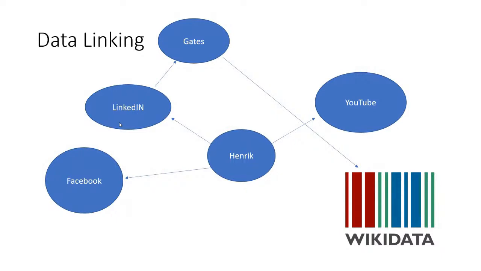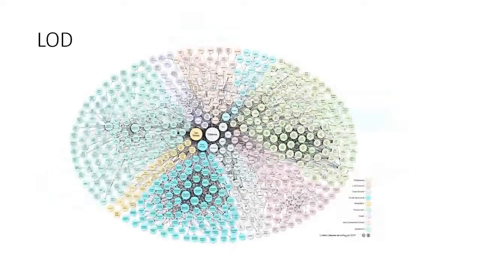So we can point to various public sources and actually disambiguate who we are. So they get a clear picture that this guy, Henrik, is the guy on LinkedIn so-and-so and on Facebook so-and-so. So we are talking about public authoritative databases.